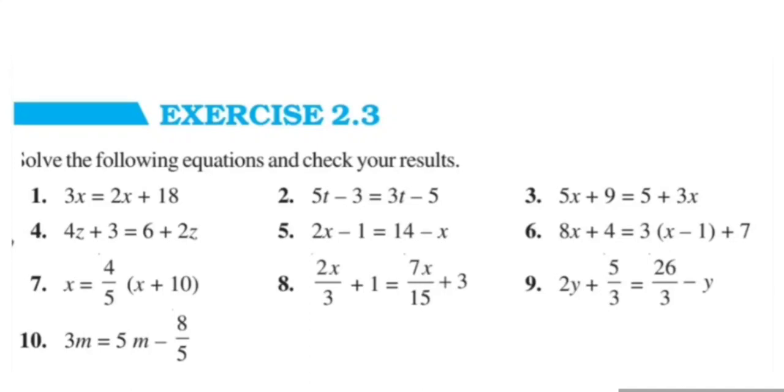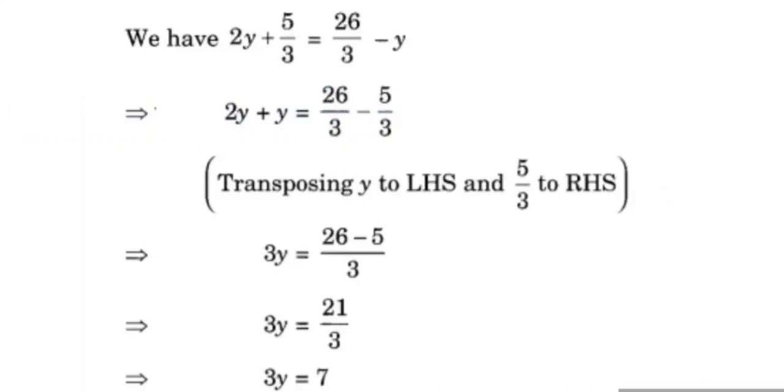Now see the question number 9. 2y plus 5 upon 3 is equal to 26 upon 3 minus y. So here we will write the variable on one side. So y we will transpose to the left hand side and 5 upon 3 to the right hand side. So the equation will come 2y plus y is equal to 26 upon 3 minus 5 upon 3.